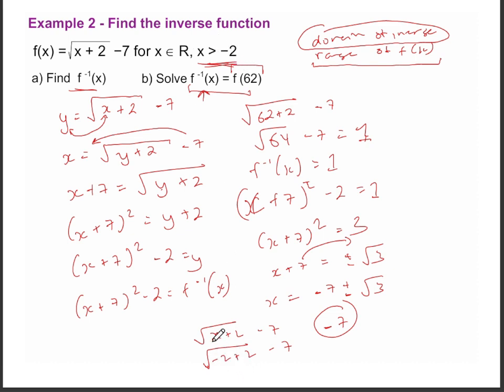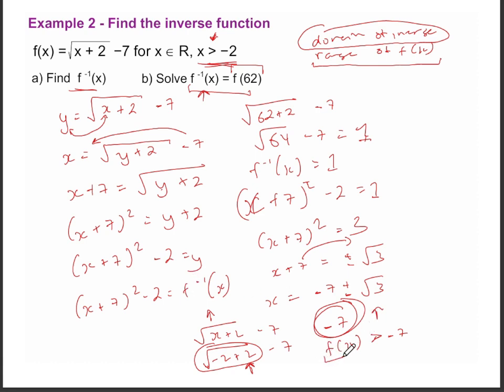And we know if x increases here, this entire square root value would also increase, which would make this final value also increase. And so negative 7 is the smallest value that you can have for the range of f. That means f of x is greater than negative 7. Not greater than or equal to, because you never have negative 2 as a value.